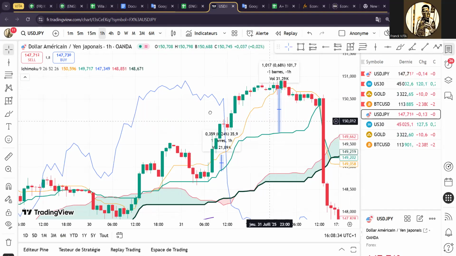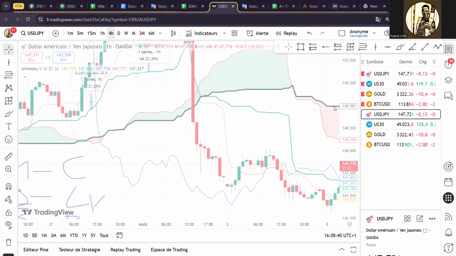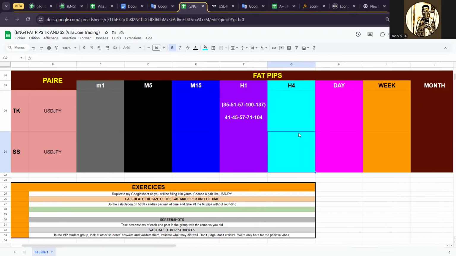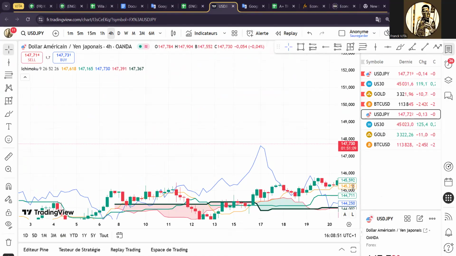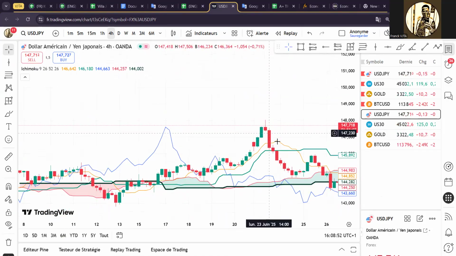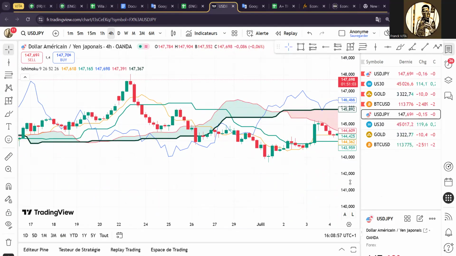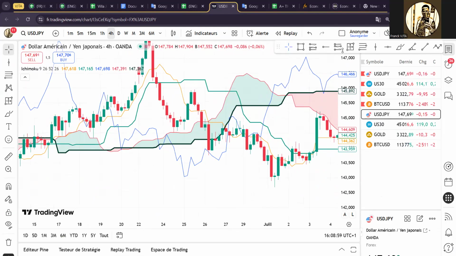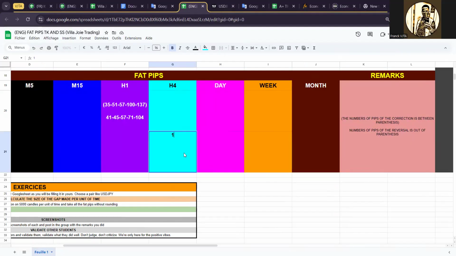So let us do it also with the cloud. And in this case, we go on the 4-hour time frame. So let us go to the 4-hour time frame and look at the cloud. The amount of people that make this cloud reverse: we have first of all 106.